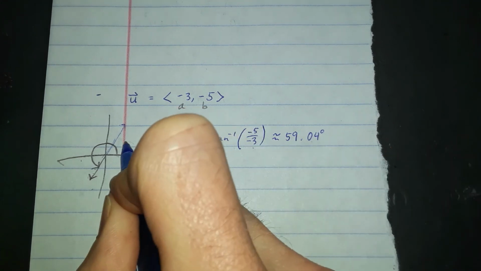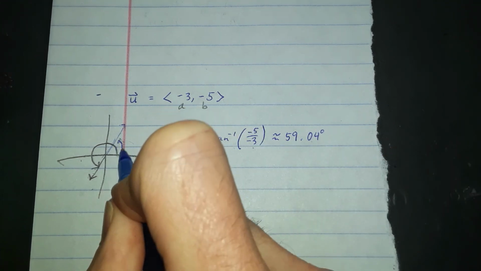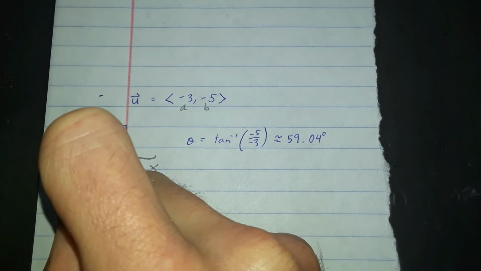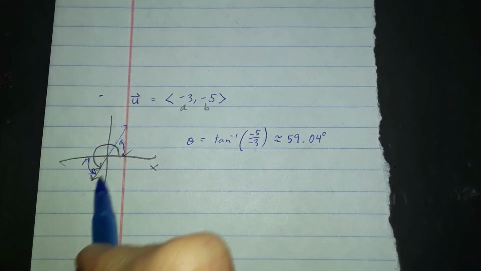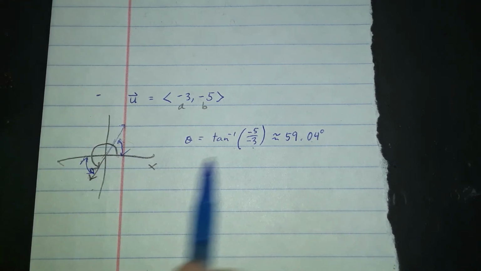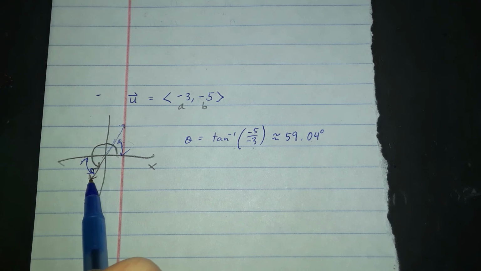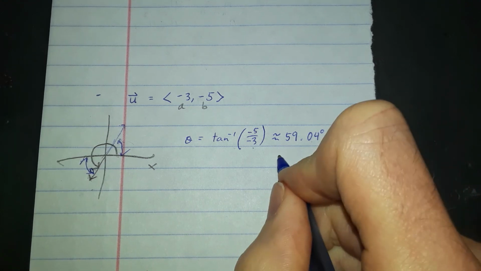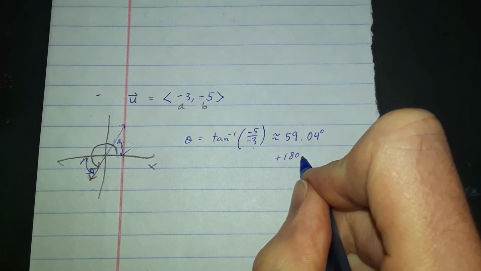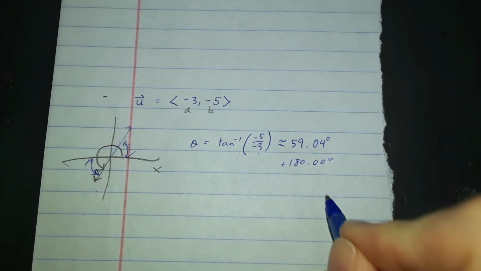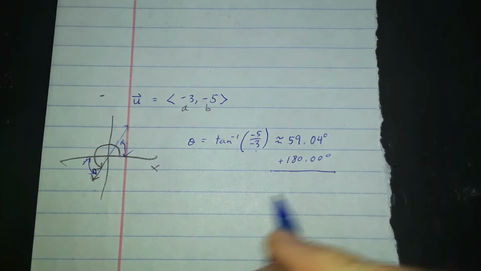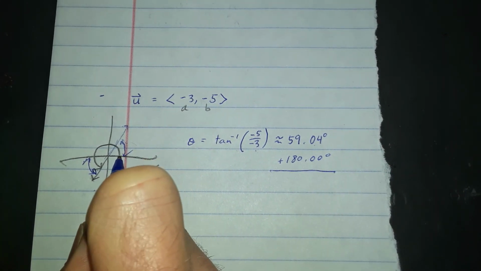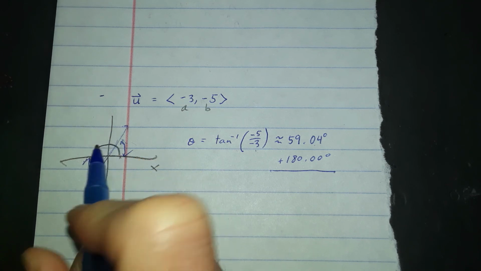So this angle is again this angle here, which is also this angle here. They're vertical angles. And so to actually get the angle for the vector we need, we're going to take this and add 180 degrees to that, and the combination of that will be the entire rotation from the x-axis all the way around.